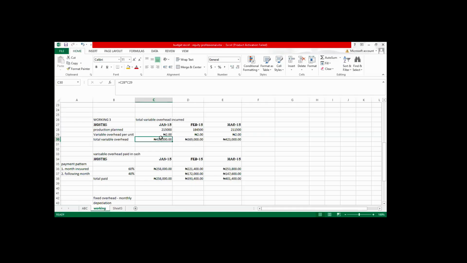Look at the next working. In the month of January, we incurred 430,000. But we are only going to pay 60% in January, 40% the following month. Please compute 60% of 430,000. That's 258,000. Look at your screen.